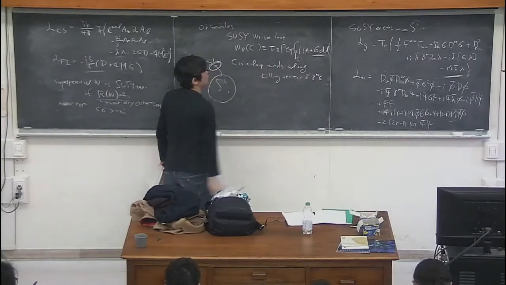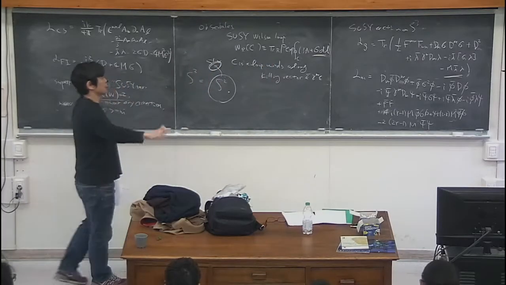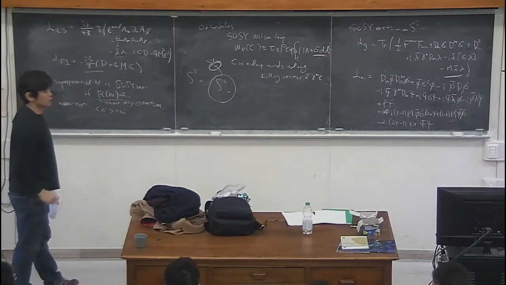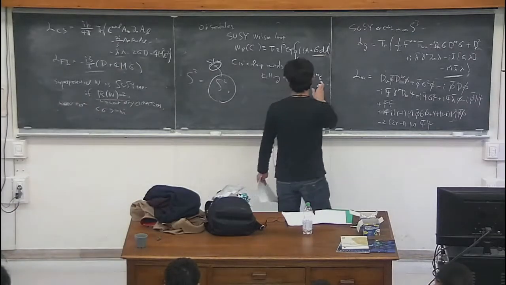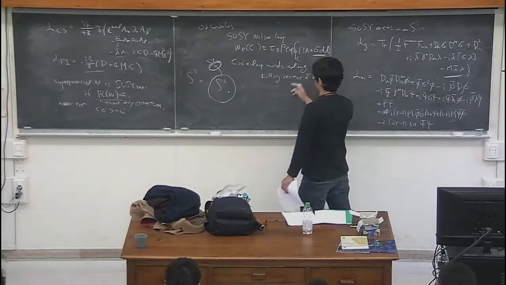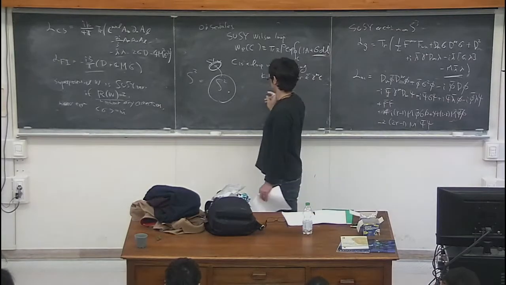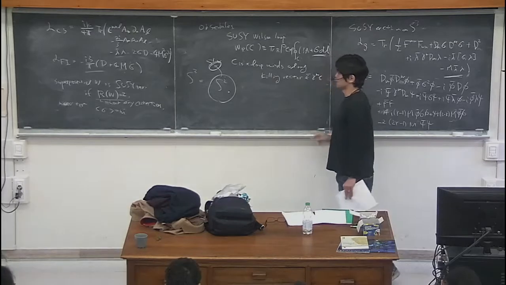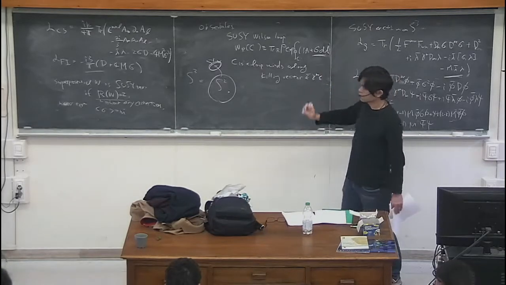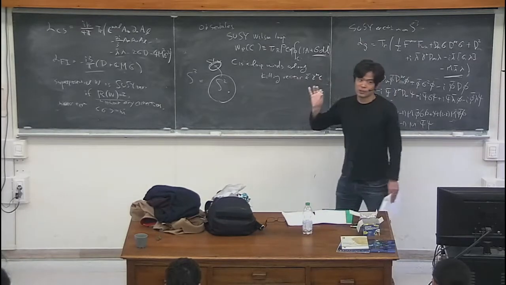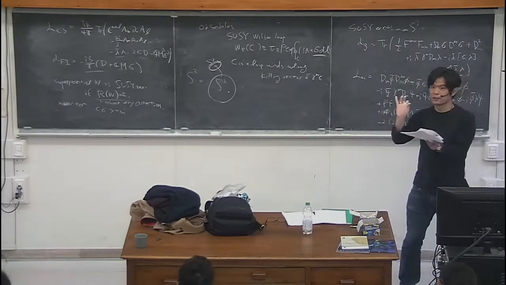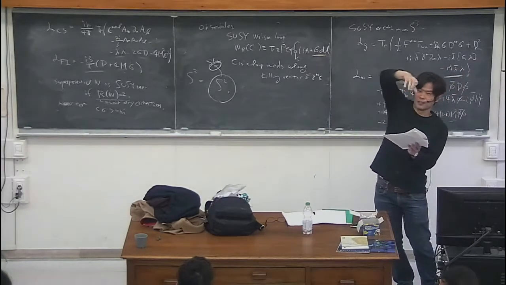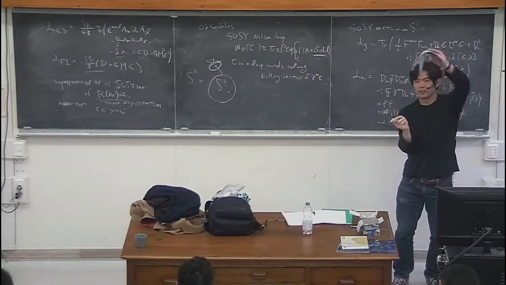So C can be this one. It is a great circle of the S3, and there is no fixed point for this Killing vector here. For S2 or S4, the Killing vector should have a fixed point. Like for S2, if you rotate in some direction, there should be a fixed point, like a north pole and south pole.